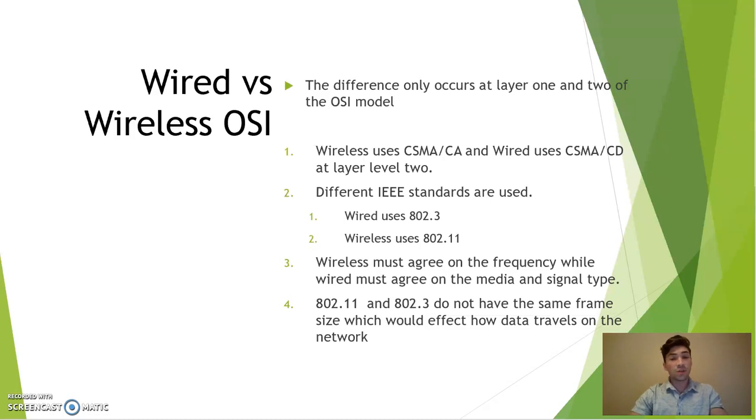Another difference between the two is that wireless uses CSMA/CA and wired uses CSMA/CD at layer 2. CSMA/CA avoids traffic crashing at all costs.